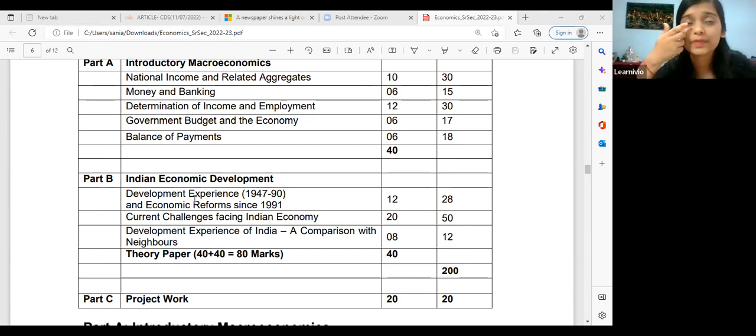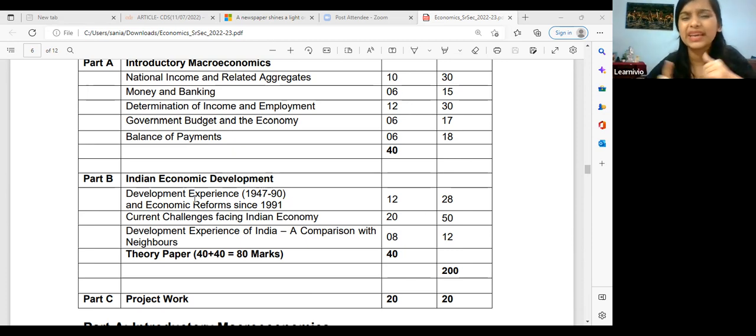So development experience is basically in this unit you are going to study how India got independence, after India was under the British rule, right? In 1947 India got independence. So at that moment when I got independence, what was my condition? Of course somebody was ruling over me, so my condition will not be good, right? Won't be in a good state.